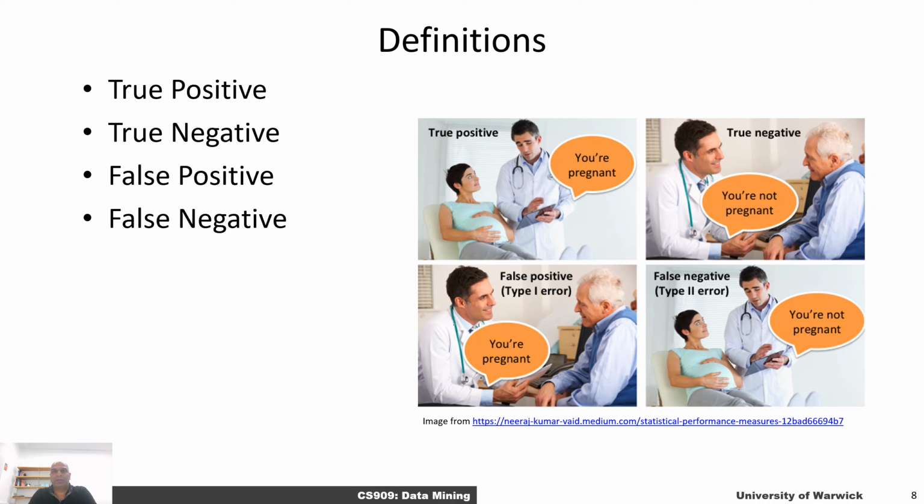If a medical doctor or test says to someone who is male that they're pregnant, then as far as biology is concerned, this is going to be a false positive, right? It's also called a type 1 error. So false positives are the same as type 1 errors. And if a medical doctor or a test says to a pregnant lady that they're not pregnant, then that is a false negative, right? And this is also called a type 2 error.